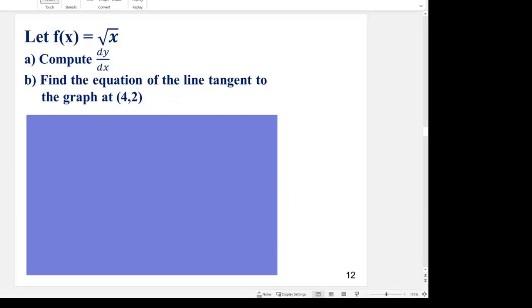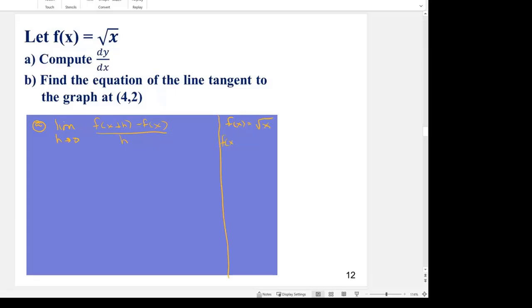Again, I'm going to compute the derivative. The derivative is the limit as h approaches 0 of f of x plus h minus f of x over h. I know f of x is equal to the square root of x.